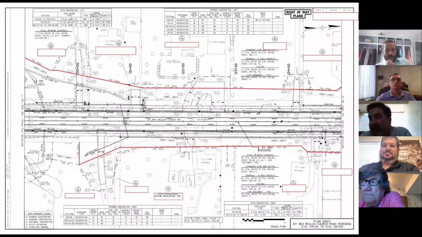So with that, that's why he considered those, and then leaving that 5 foot green space gives them a tight area to work within. That's part of what the damages are.